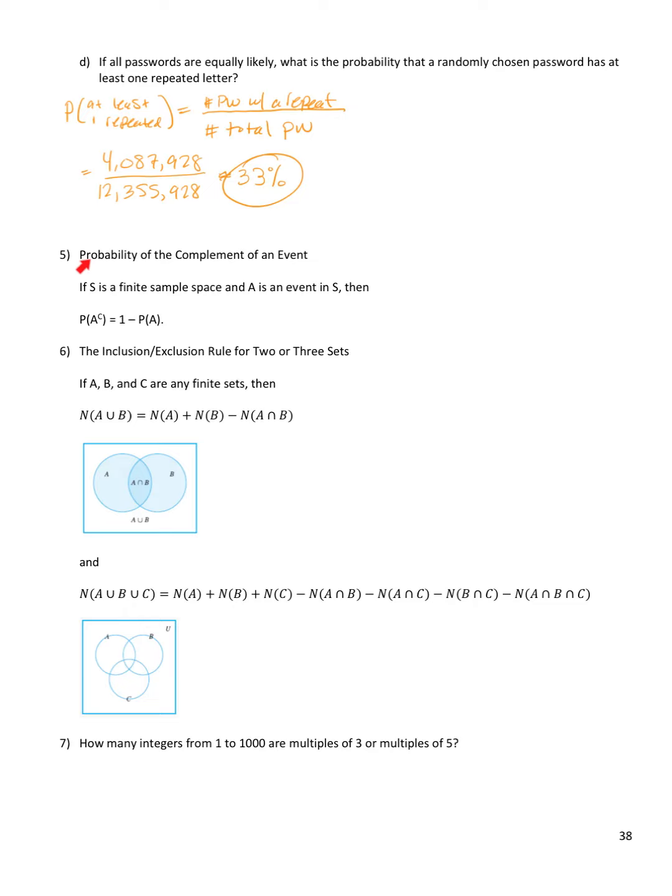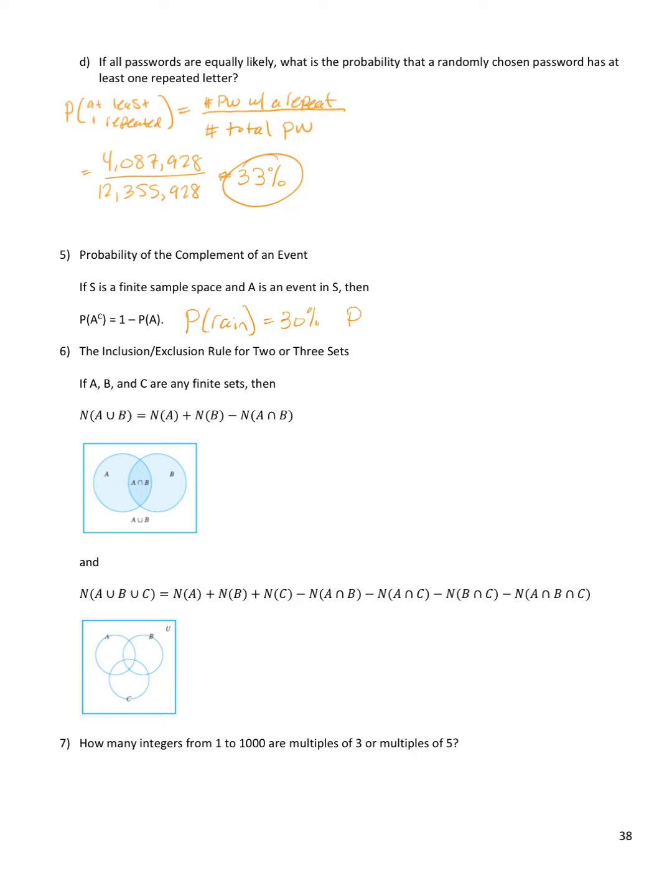Okay, so the probability of the complement of an event. If S is a finite sample space and A is an event in S, then the probability of A complement, which remember A complement is just all the things that aren't in A, is 1 minus the probability of A. So like a really basic example, the probability that it will rain tomorrow is, I don't know, let's just make up a number, 30%.